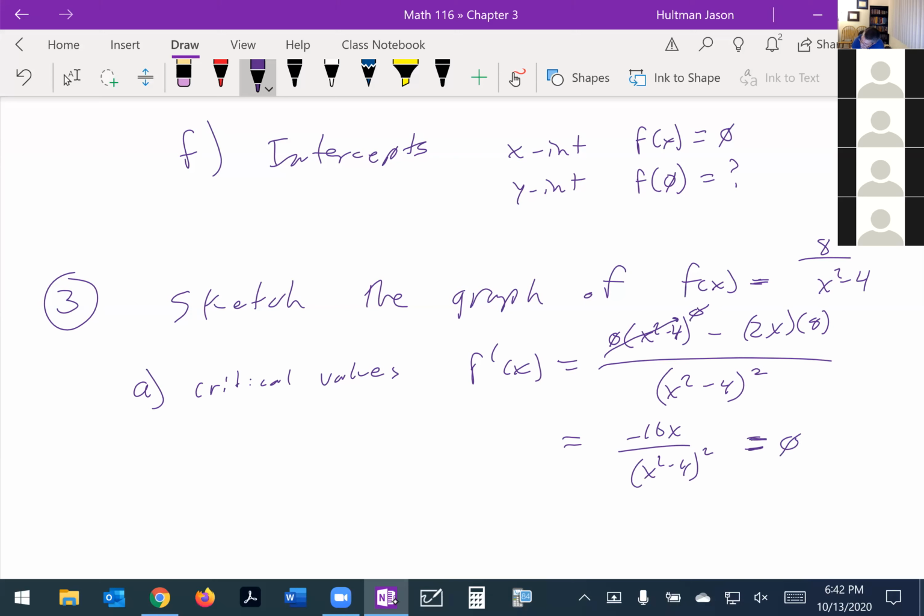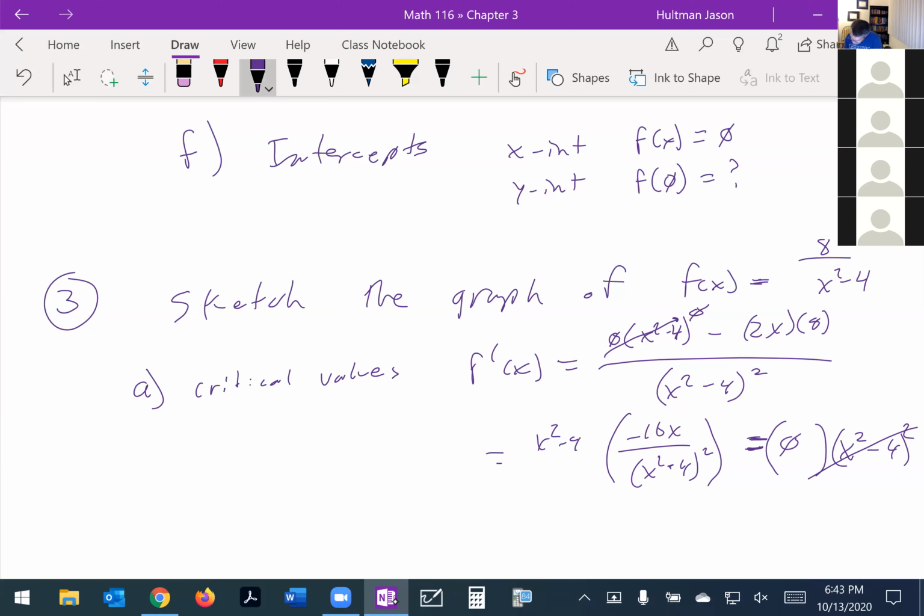We can do the same thing that we used when we were finding the intercepts. We can just multiply both sides by the denominator, and that cancels out.